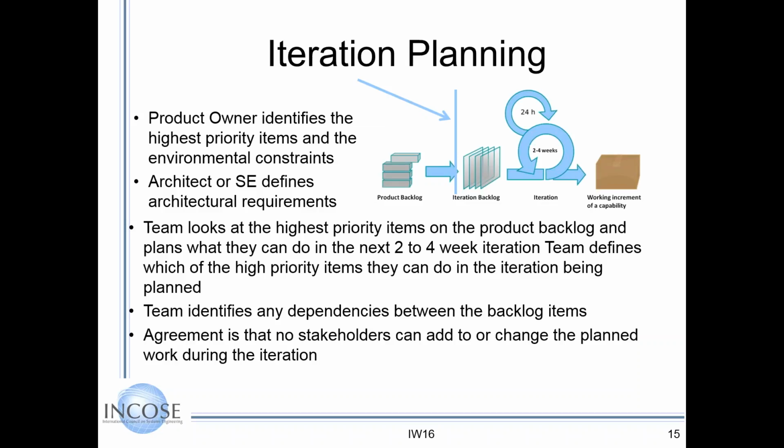Your architect or system engineer defines architectural requirements. If you've got operating system requirements, or the architect showed you, one of the keys is being able to develop incrementally, with an architecture where you're using standard interfaces and standard design patterns, so that your components are somewhat interchangeable.